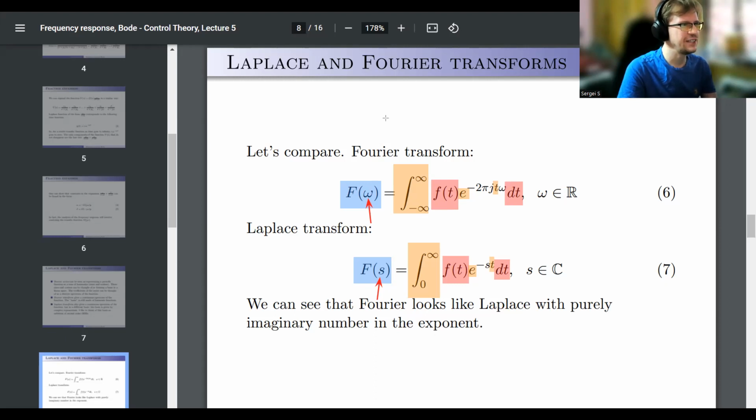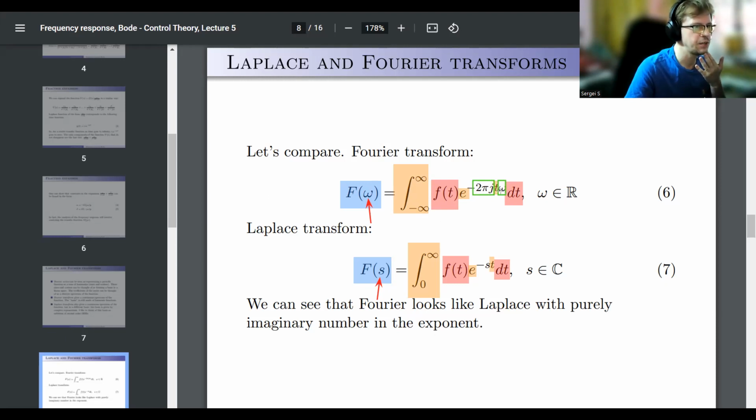Right. So the main difference is directly seen in how here we have 2 pi j times omega. This 2 pi is just a coefficient. j is the complex square root of -1, so complex one. And omega is a real value.